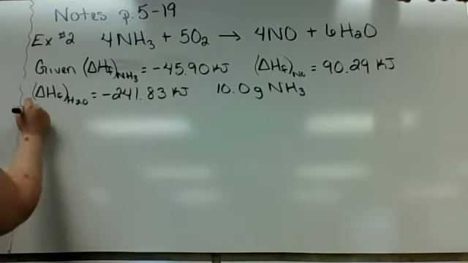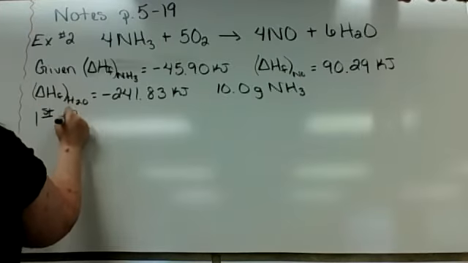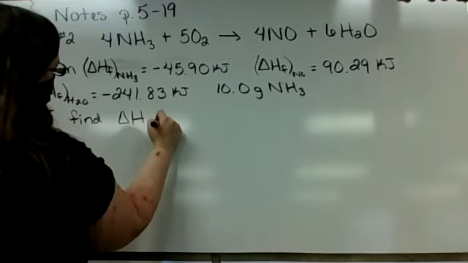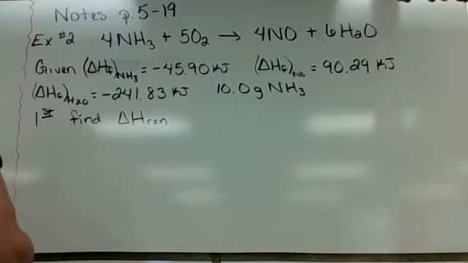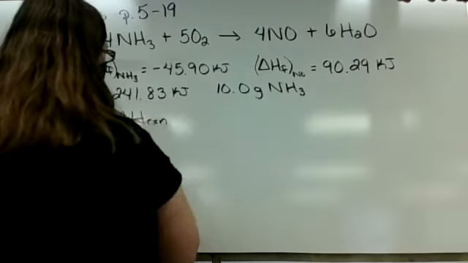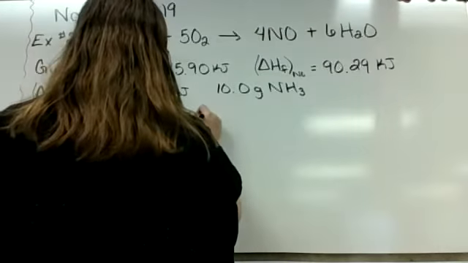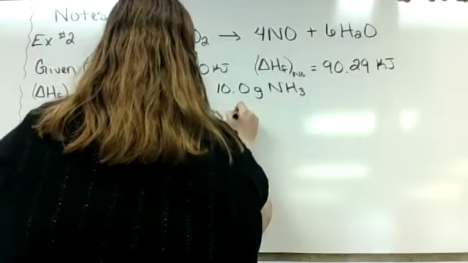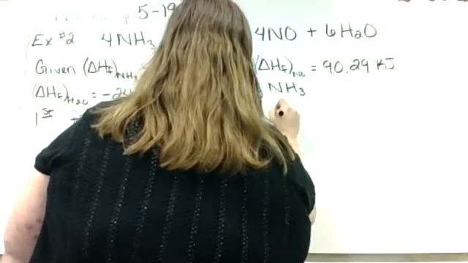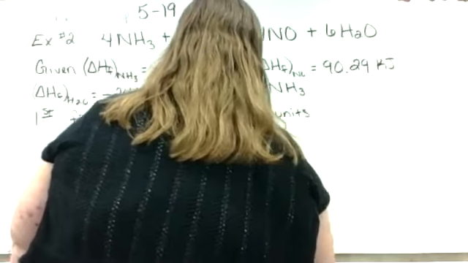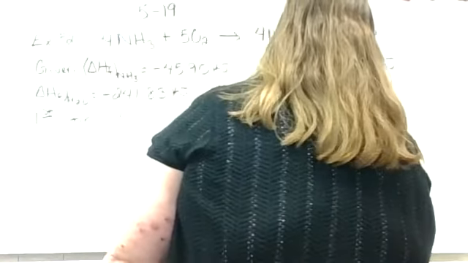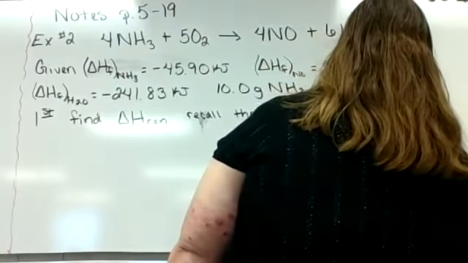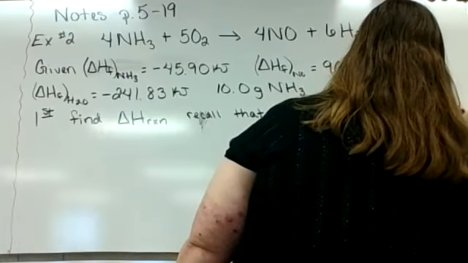So first step, we need to find delta H of the reaction. And remember that the units are kilojoules per mole of reaction.